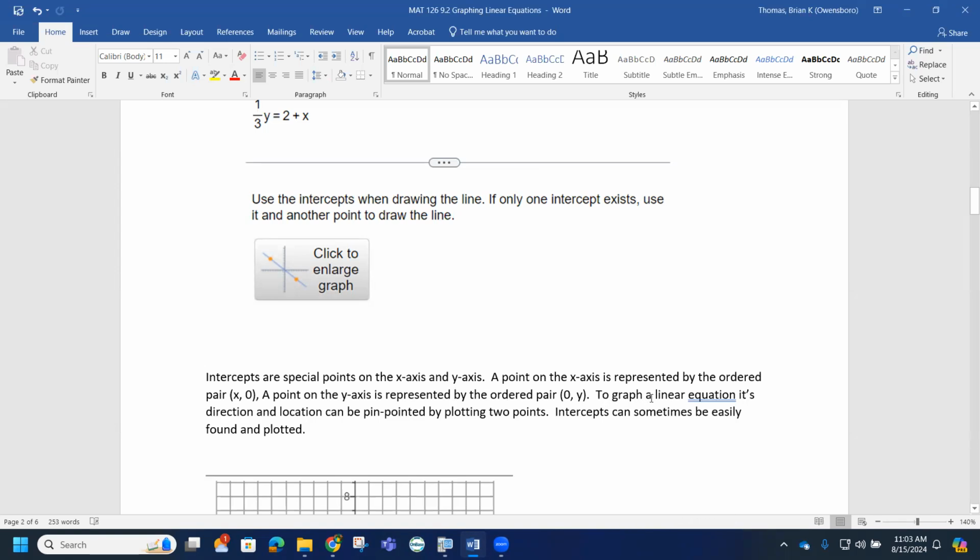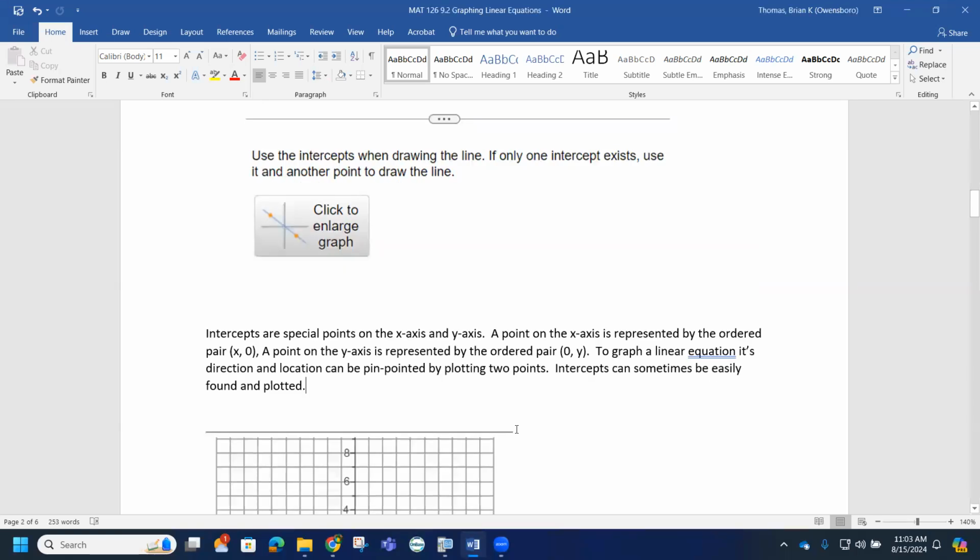So to graph a linear equation, its direction and its location can be pinpointed by plotting these 2 points. Sometimes these intercepts can't be easily found, so they can be a great strategy.